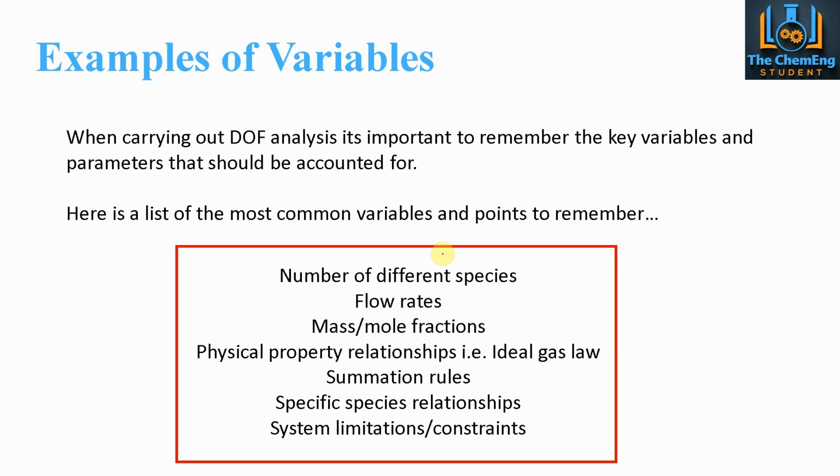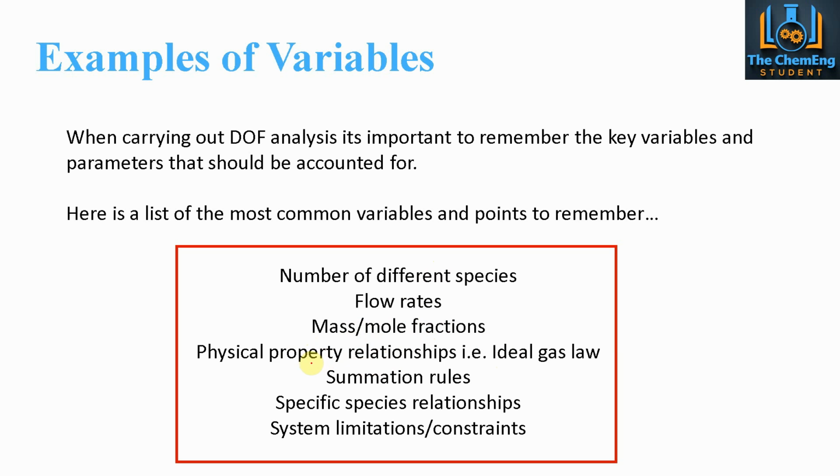Now we can also find relationships between flow rates, or indeed the mass or mole fractions. There also are relationships we can have with the physical properties. Say for example we are working with gases, then we can have relationships in terms of, say, the ideal gas law.